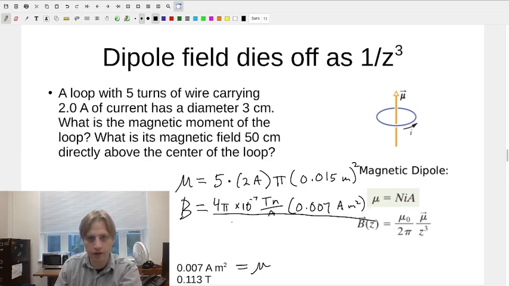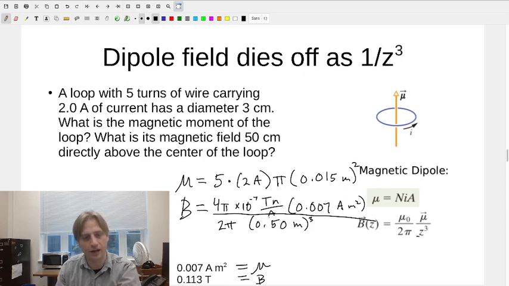And then down here I'm going to have 2 pi. Okay, that's nice because it cancels some. And then my z cubed. So 50 centimeters would be 0.50 meters cubed. So you're going to have to put 3 copies of that in the denominator. Okay? And that should give you the B in Tesla from this magnetic dipole model.